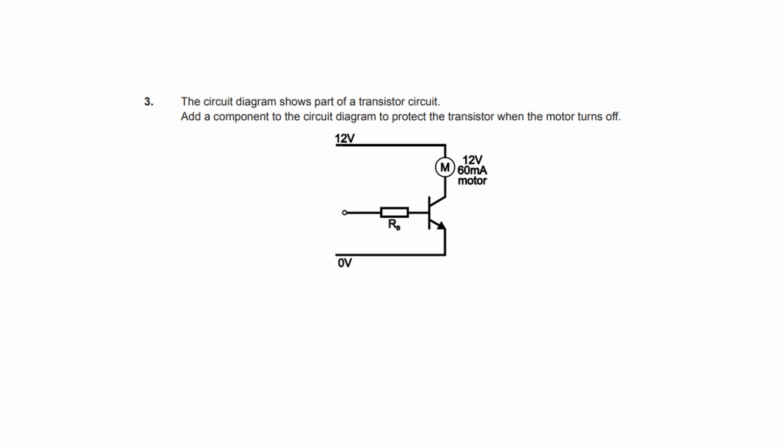So we need a component to protect. Okay, so obviously a diode there, like so, will allow the current to flow back up the reverse direction. It's called back EMF, electromotive force, but that's a phenomenon, what it's called.